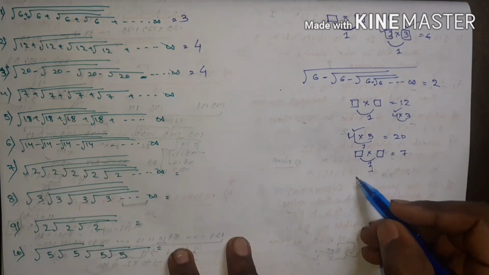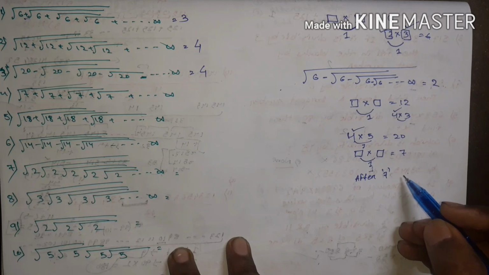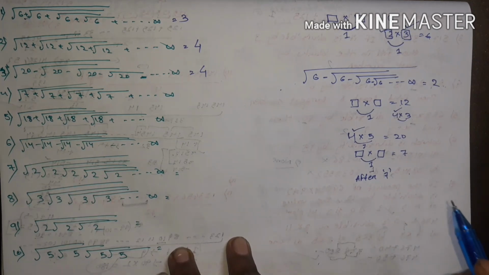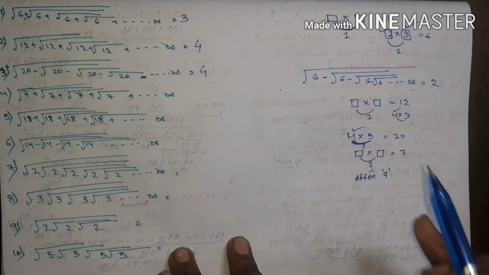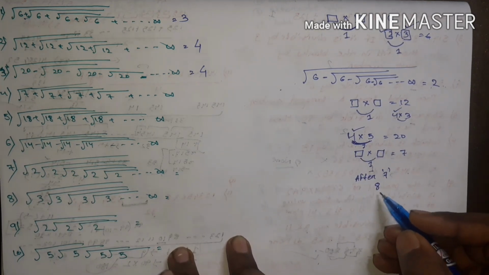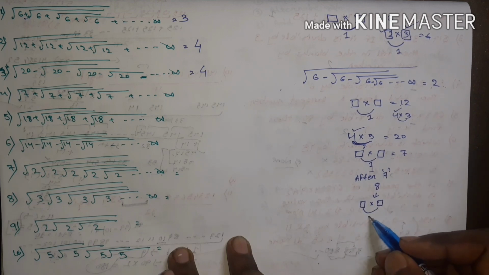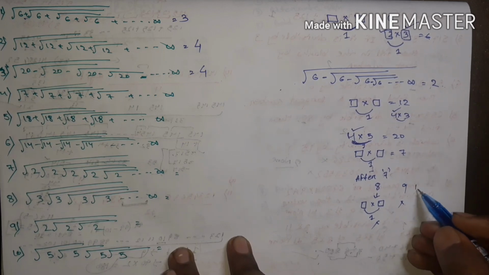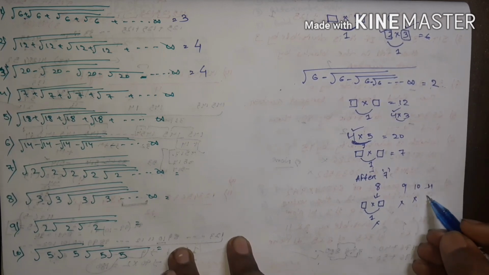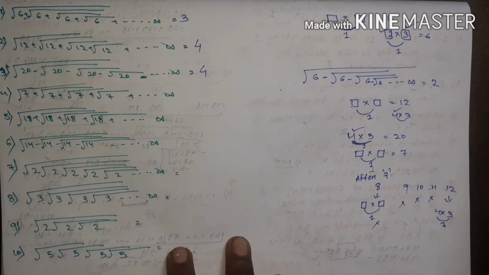So after 7, which is the number that I can separate as this? After 7, can 8 be multiplied by 2 with common difference 1? No. For 9, also no. For 10, no. 11, no. But 12 is there. That is 4 into 3 with common difference 1.